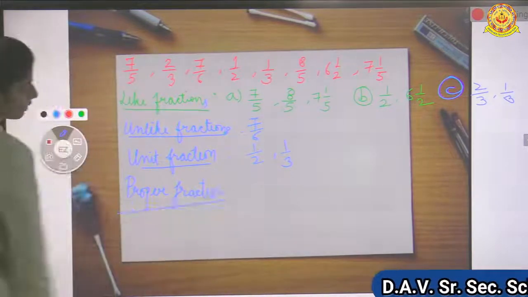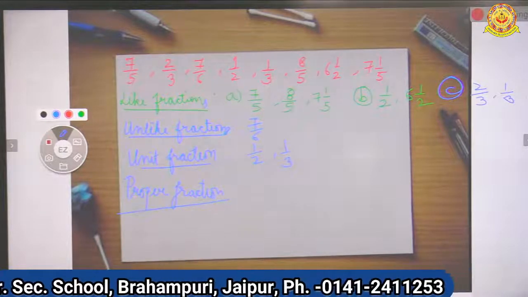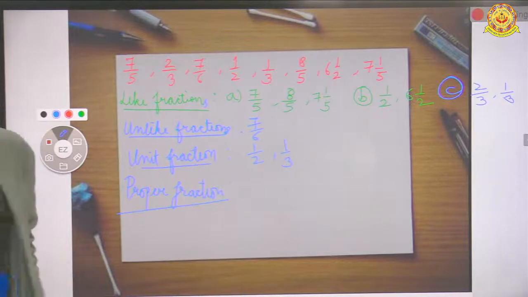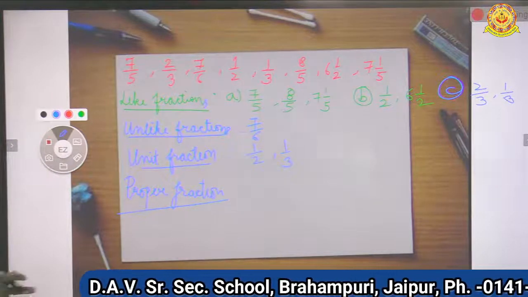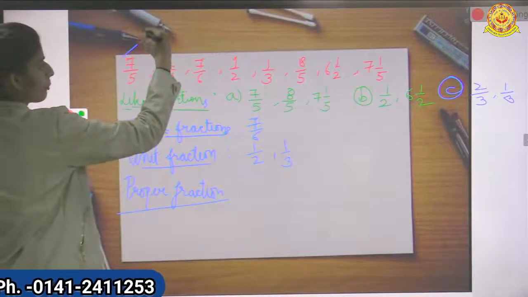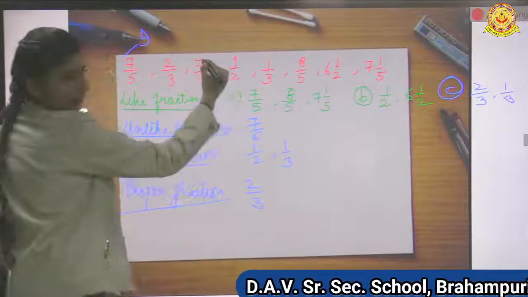Proper fraction is 2/3, 7/6, 1/2. What is the meaning of proper fraction? Numerator should be smaller than denominator. Numerator is smaller, we want. In this the numerator is greater, so this has gone to improper. 2/3. Numerator is greater.